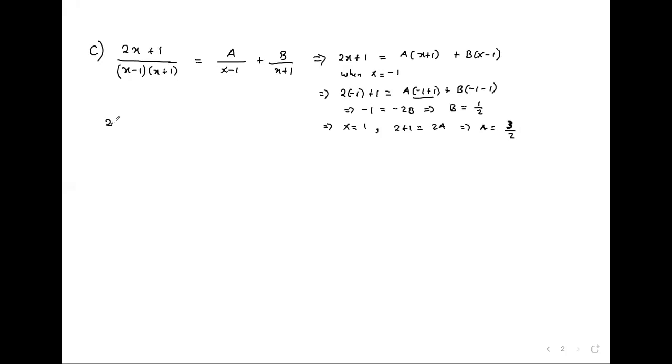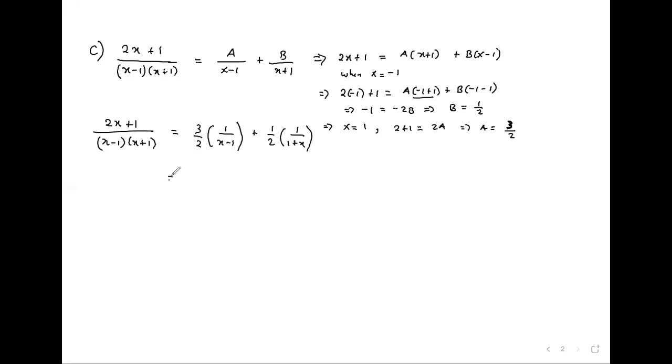So instead of expanding 2x plus 1 over (x minus 1)(x plus 1), you expand it in the form a is 3 over 2, 1 over x minus 1, plus b is half, 1 over 1 plus x.